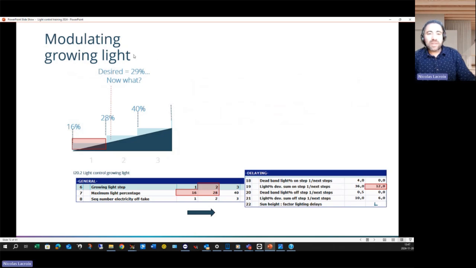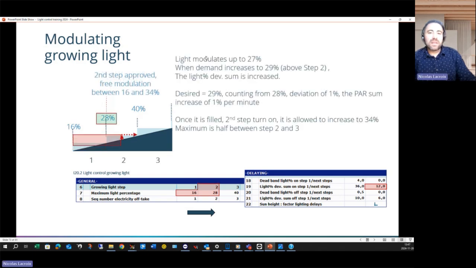For the second step, now I desire 29, which is above the second step. I have another setting here for all the remaining steps, 12% here. The light modulates up to 27% when the demand increases to 29, above step 2.